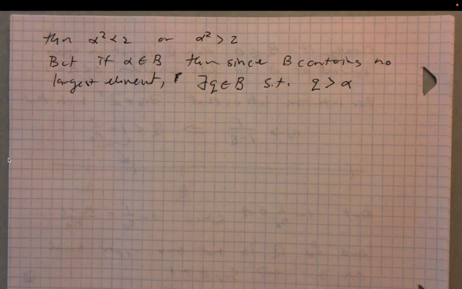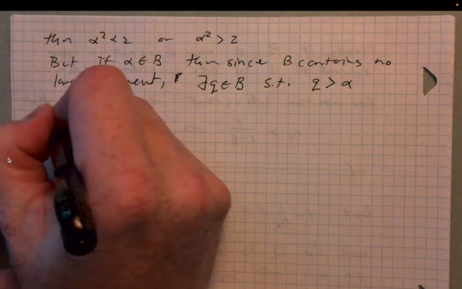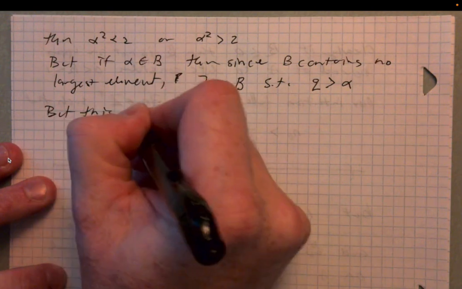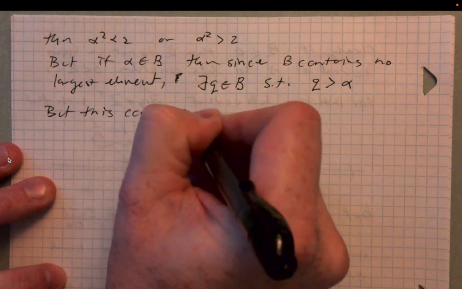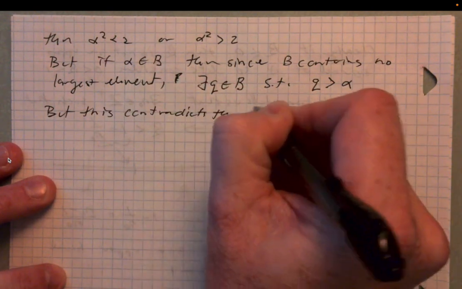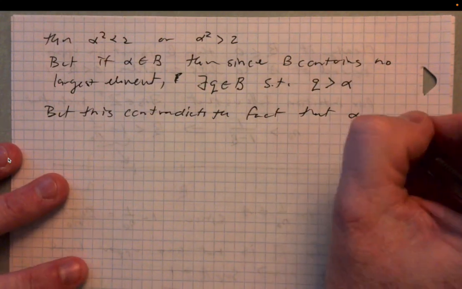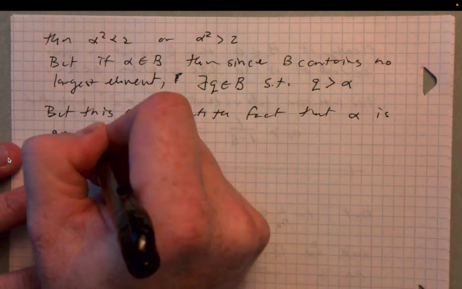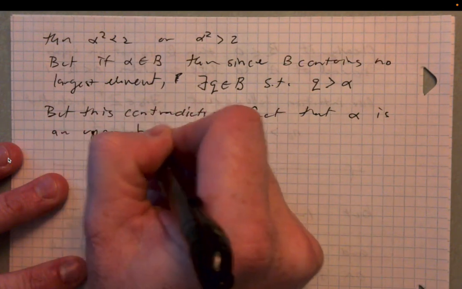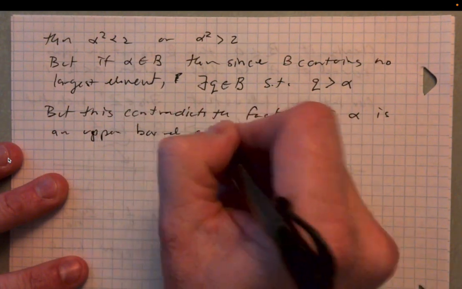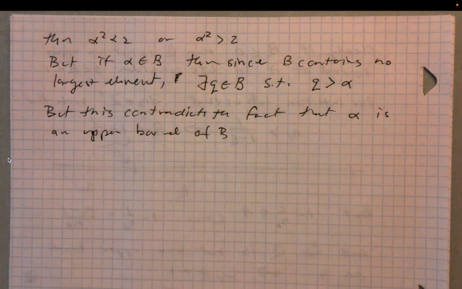But this obviously is a contradiction. This contradicts the fact that alpha is an upper bound of B.